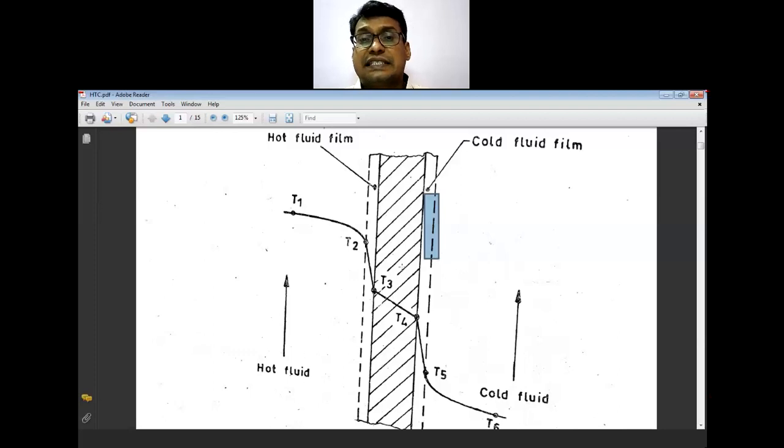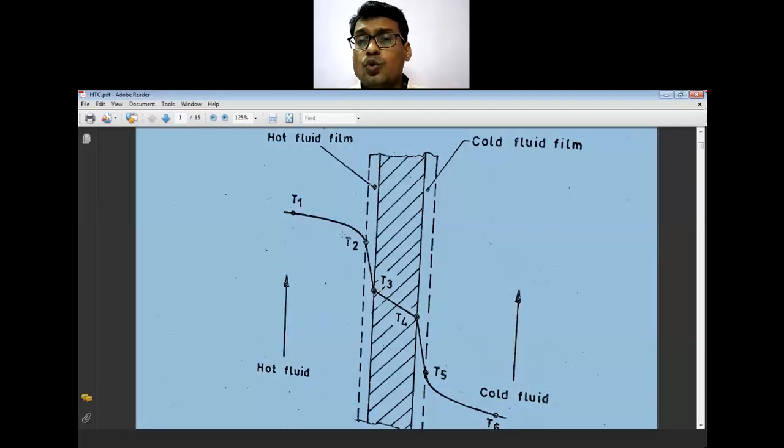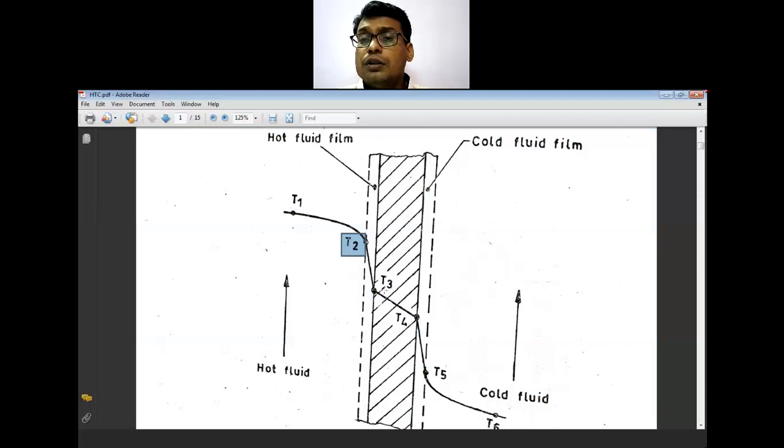Now you can see the temperature gradient here. The bulk temperature is T1. However, the liquid film, which is the imaginary dotted line shown here, has temperature T2. There is a big drop of temperature in this liquid film.